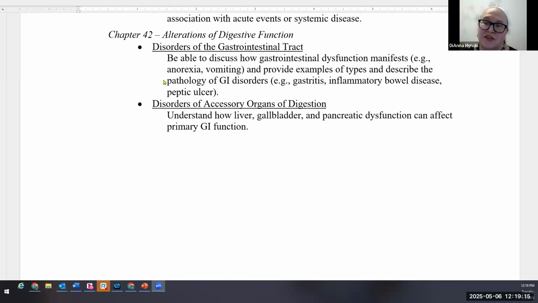It can manifest with things like anorexia. So you know that starvation, the wasting that can occur. Vomiting is a dysfunction of the GI tract.